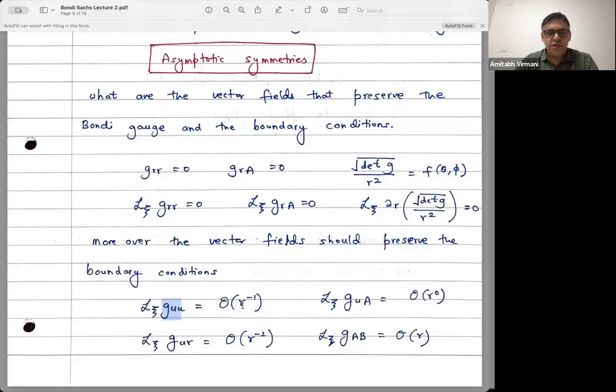Similarly for the other cases. G_UR falls off like 1 over R squared, so the Lie derivative of G_UR should be 1 over R squared. The Lie derivative of G_UA should be R to the 0, and the Lie derivative of G_AB should be R to the 1.